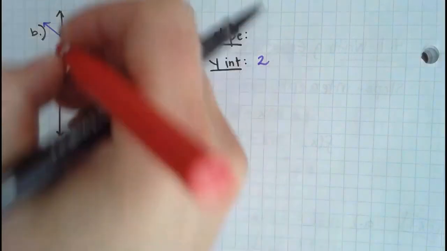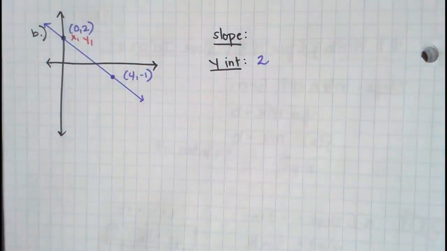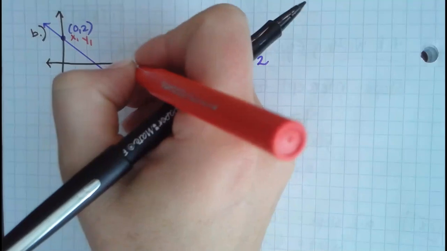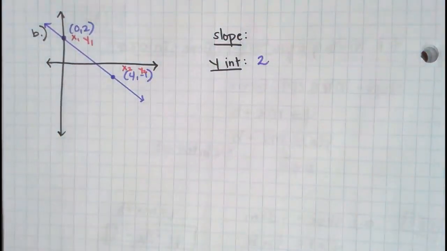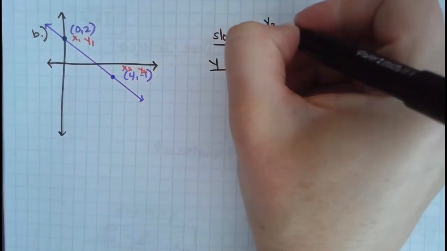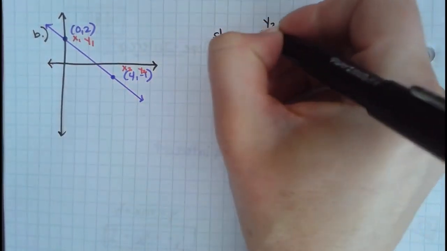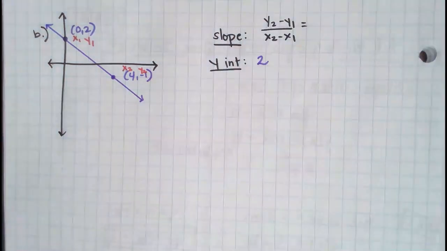I'm going to use slope formula for this one. So I'm going to label my points, x1, y1, x2, y2. And then I'll use slope formula, y2 minus y1 over x2 minus x1.